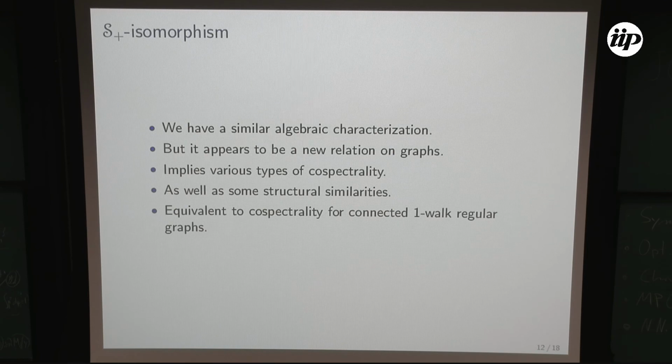And one nice thing that we get is that if the two graphs you look at are what's known as one-walk regular, some special type of graphs, then actually it suffices to check if the two graphs have the same spectrum to determine whether or not they are PSD isomorphic. Okay? So for these graphs, cospectrality is equivalent to PSD isomorphism.